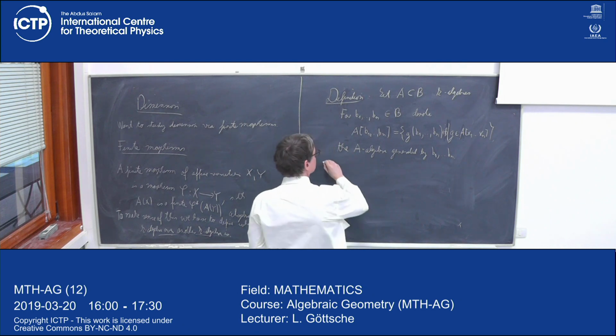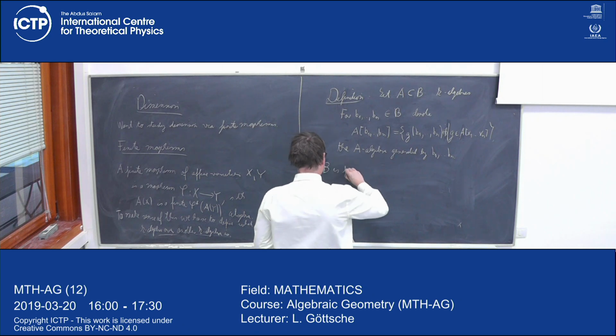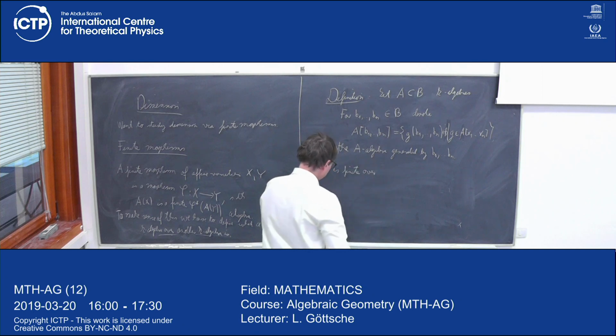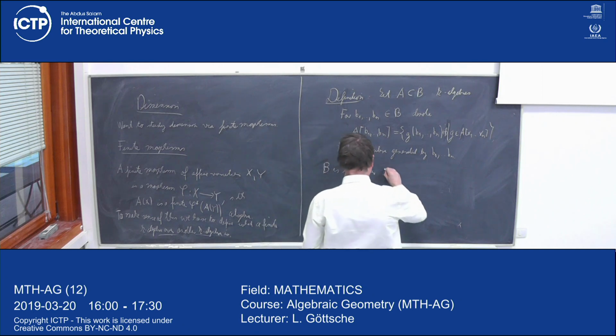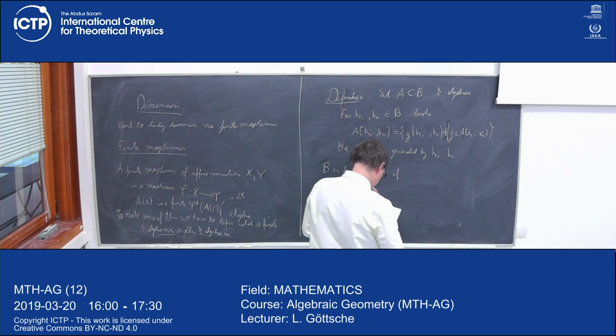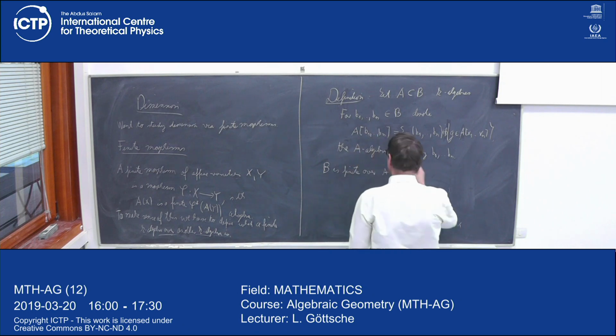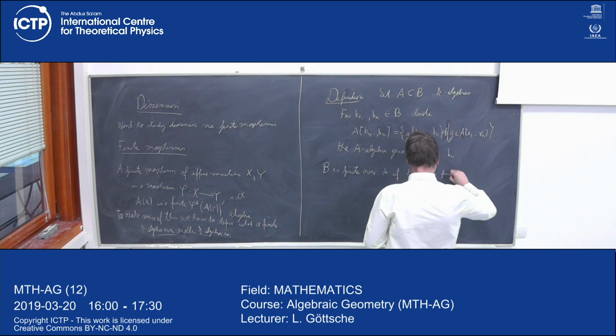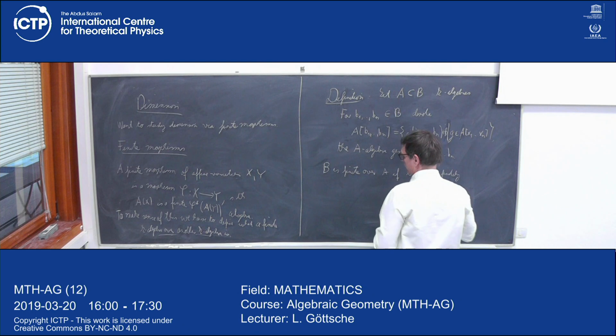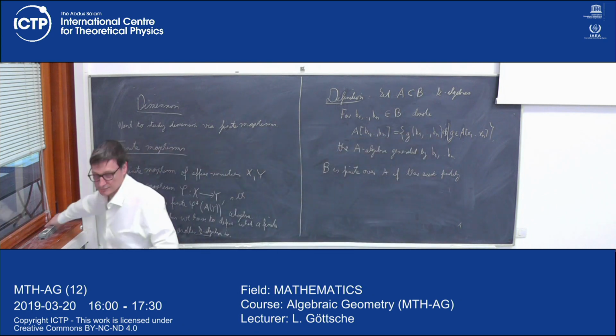So we say that B is finite over A if we can write, if there exist finitely many elements, well, maybe I can make both definitions then as we're there.